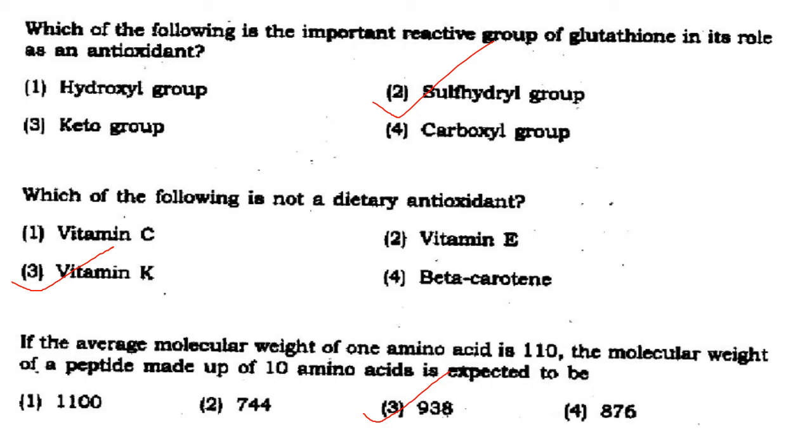So in a peptide of 10 amino acids, 9 water molecules are lost, and the weight of water is 9 into 18, so that is 162. So 162 you have to reduce from 1100, and you will get 938.